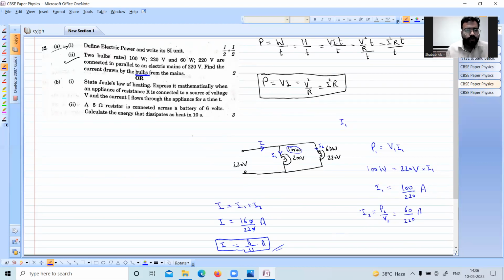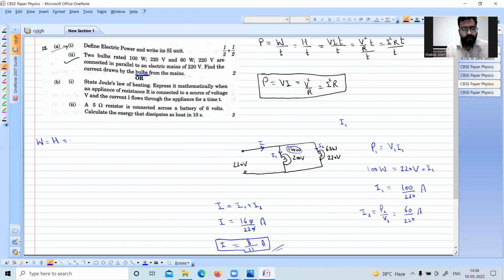Now we are going to talk about Joule's law of heating. As I already told you when I was explaining the power formula, heat is the amount of work done by the electrical energy, by the charges when they move and drift in a resistor.